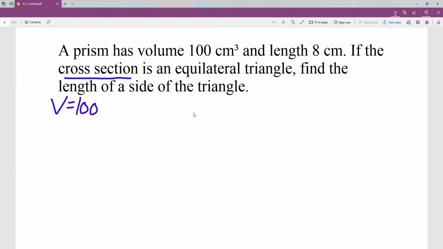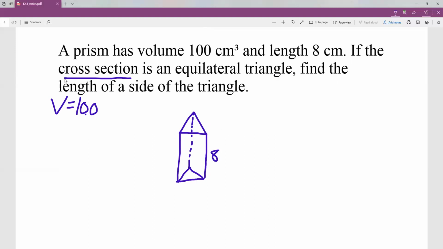Okay, so let's draw this prism. It's going to be the same thing as the prism I had above. It's an equilateral triangle again. All right, here we go. So it has a length of 8 and a volume of 100. So the cross section is an equilateral triangle.